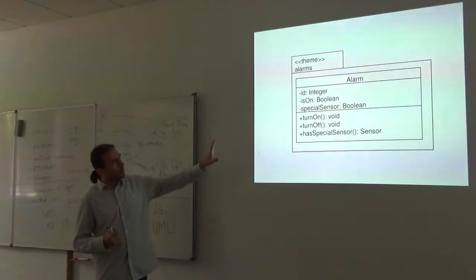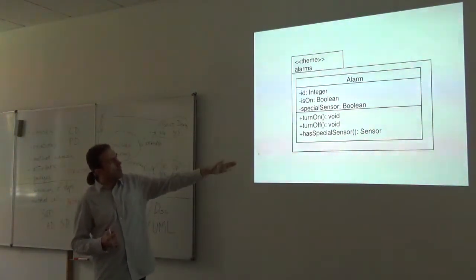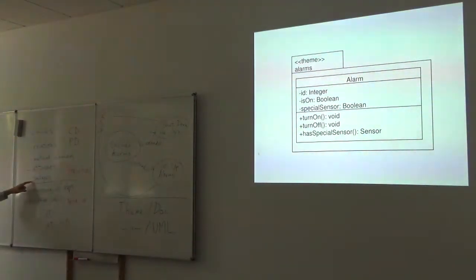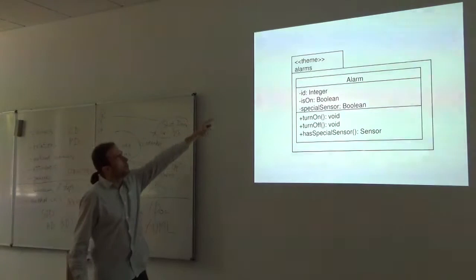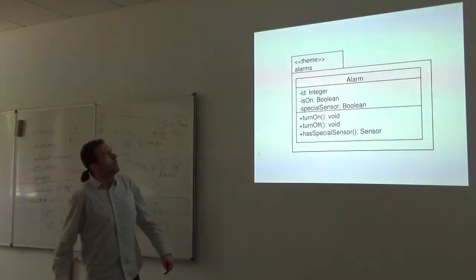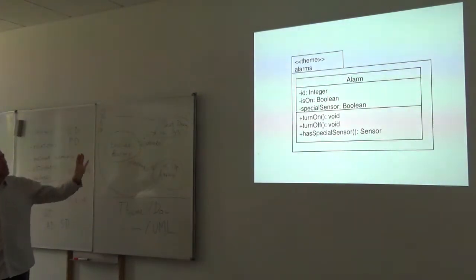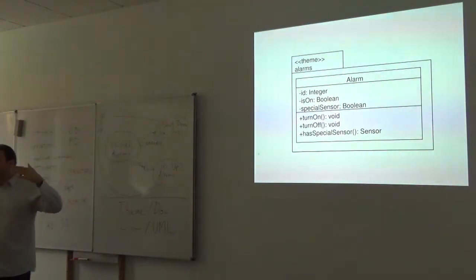So for now, there is not much behavior there, but we have a structure, which is actually a package structure that we know already, but it is given a special meaning by using this stereotype theme, and we call it alarms, just as we named our theme in the analysis. So we maintain the links to analysis.